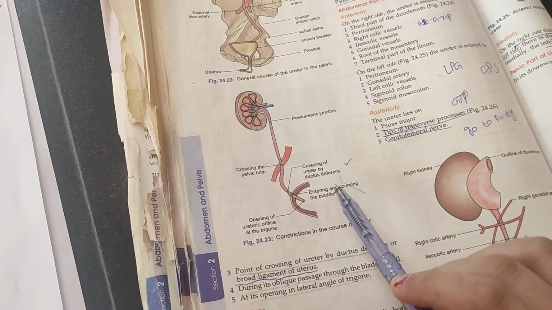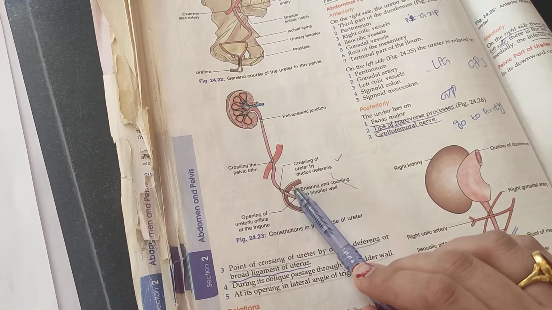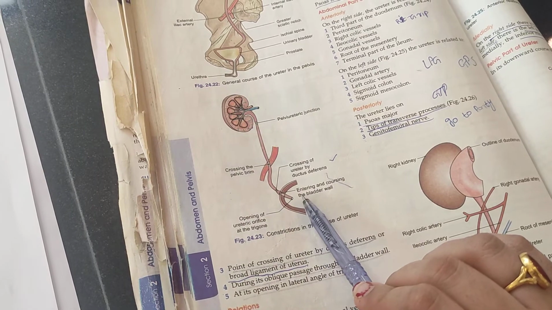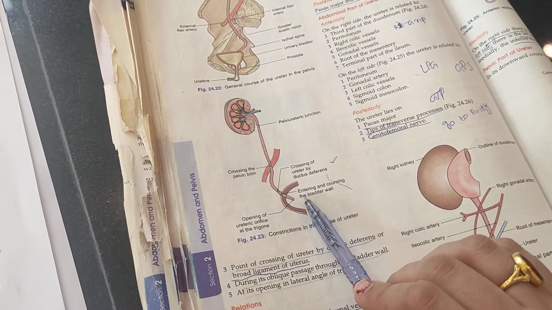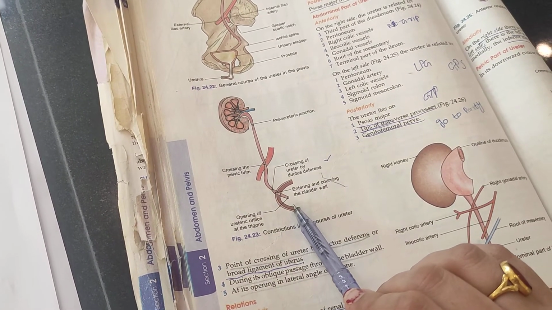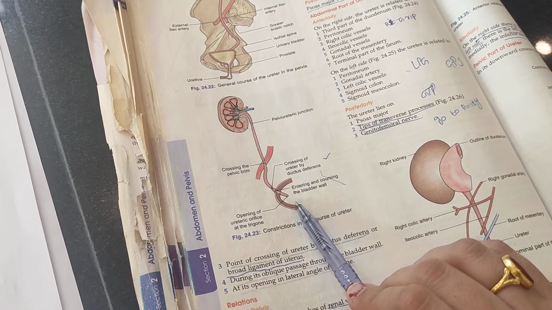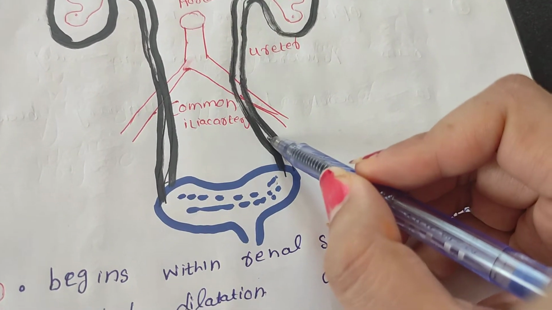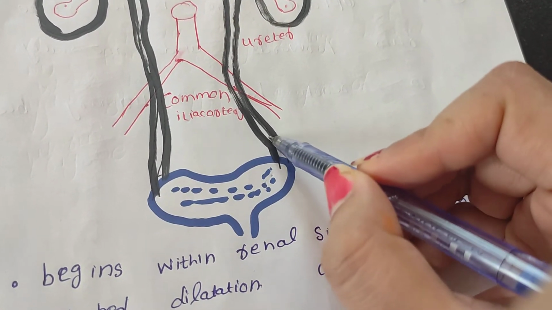And then there is the oblique passage through the bladder wall. Here the bladder starts, so it passes obliquely into the bladder wall. That is the fourth site for constriction. After that, it opens into the trigone. The trigone is a part of the urinary bladder. I'm going to show this on the diagram. So this is the bladder. The fourth site is the oblique passage through the bladder wall.